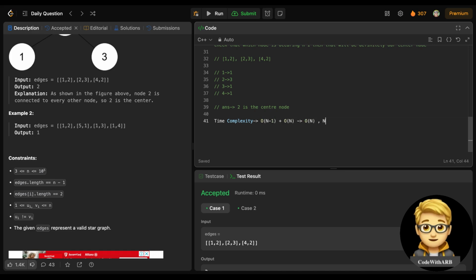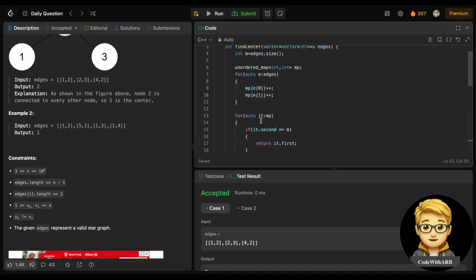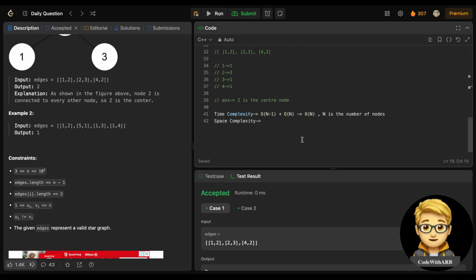And the space complexity would again be O of n, because we are checking occurrences for each and every node. So this is how we'll solve this question.